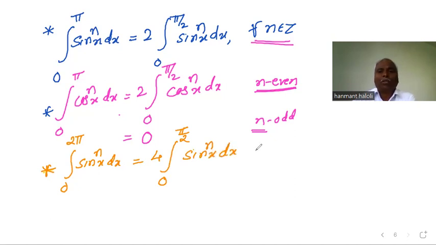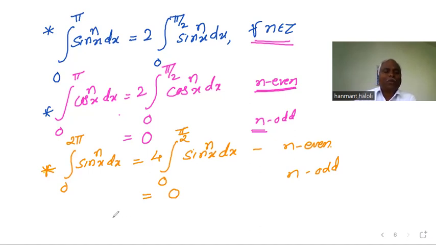Now this is possible only for n an even number, n even integers. Otherwise it goes to 0 for n odd integers.